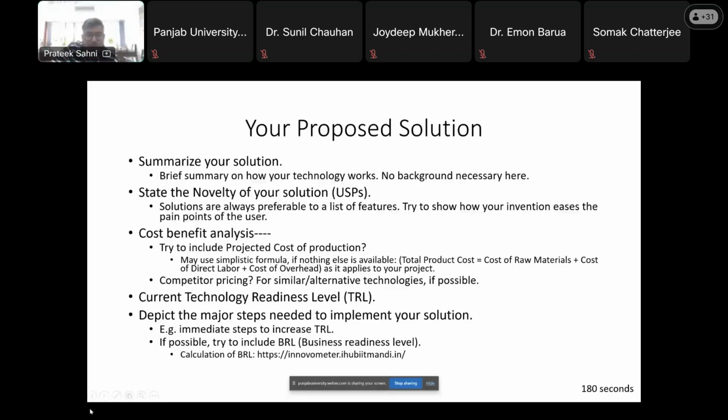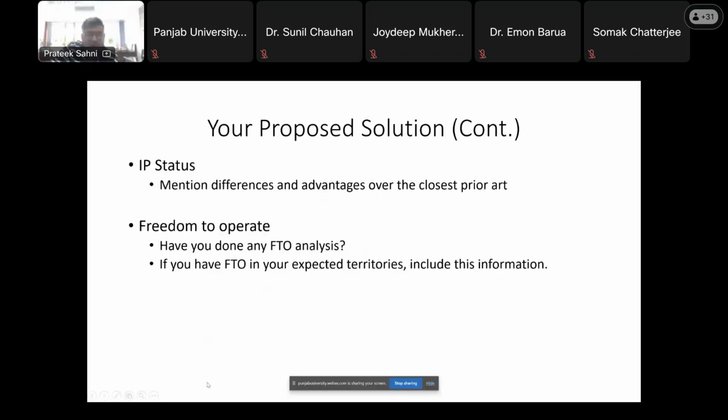The next bit deals with your intellectual property status. I am seeing that most of the technologies that have been handed over to us are patented or at least filed. So mentioning that is a good idea.